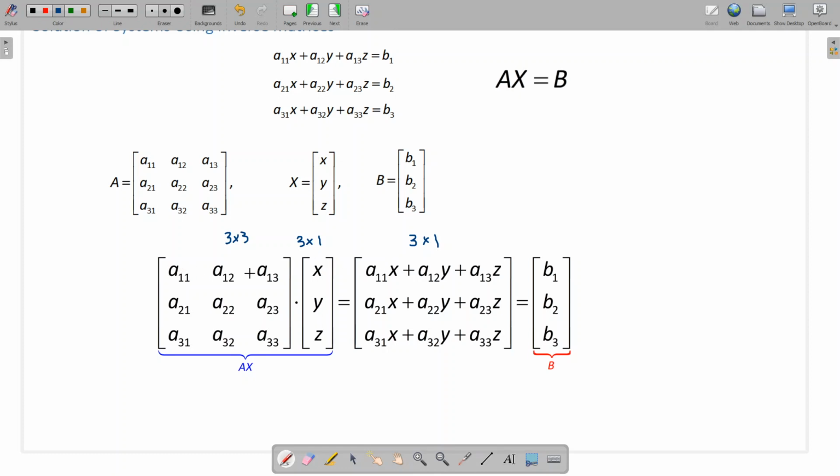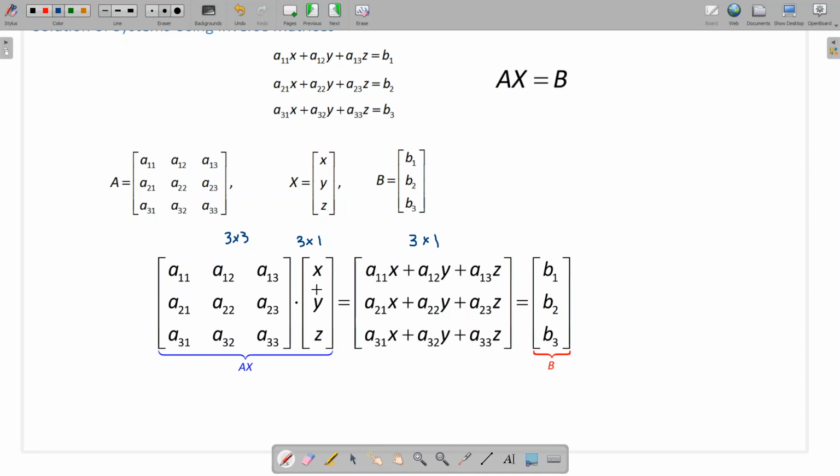So the first element is this row by this column. So you just get A11 times X, A12 times Y, A13 times Z, add those together. Move on to the next row. This row by this column gives you this element. And then this row by this column gives you this element here, this sum. Well, those are exactly what you see over here. That's the first element here, second, third, right there.